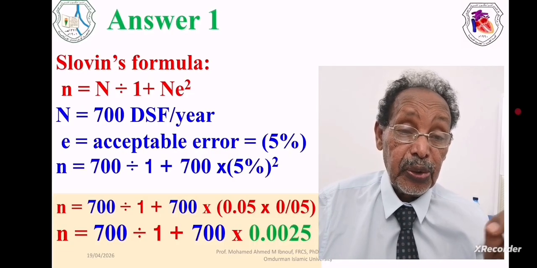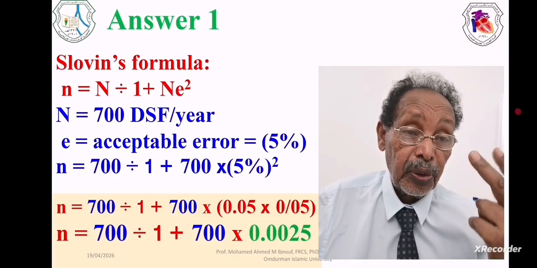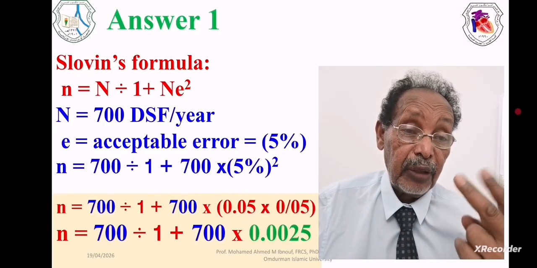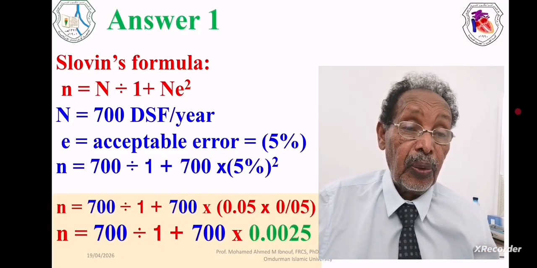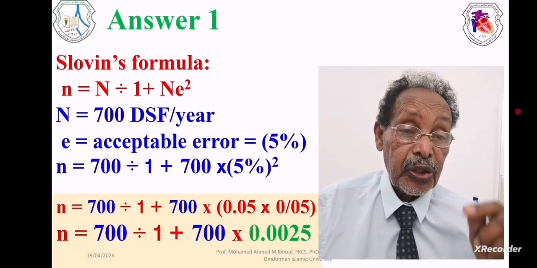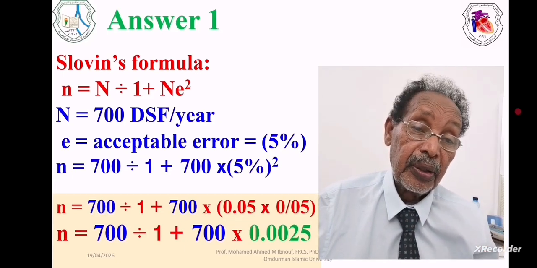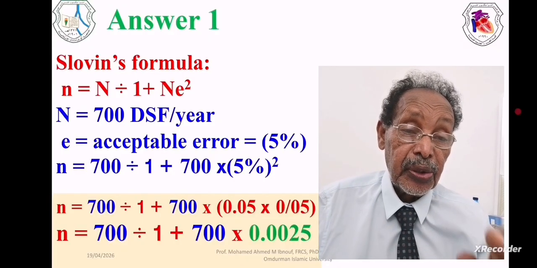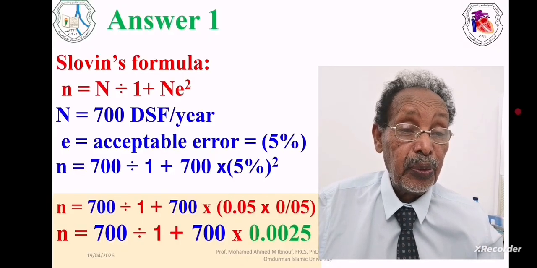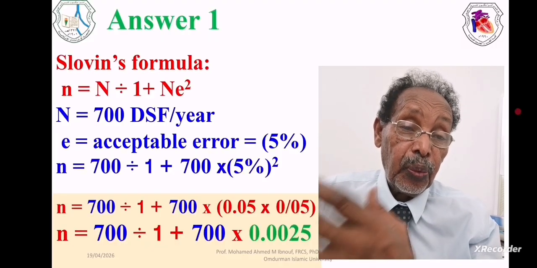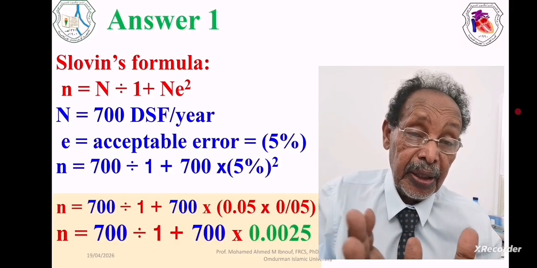And we know 0.05, 2 decimals, multiplied by 0.05, 2 decimals, will end up with 4 decimals, which is 0.0025. Now we are going to multiply 700 by 0.0025 and we add 1, and then after that we divide 700 by this sum.